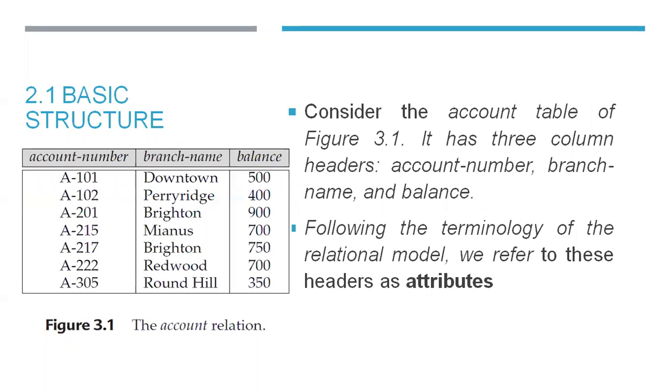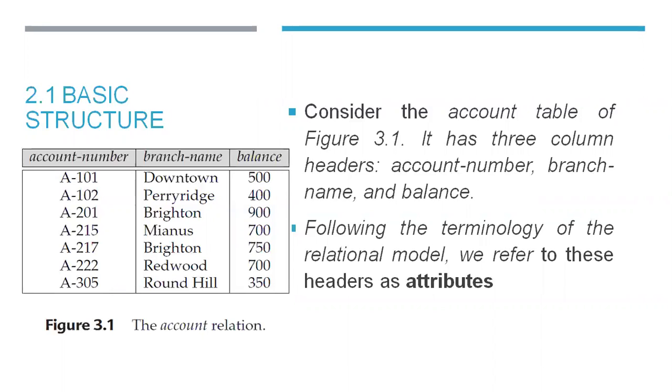So this is what the basic structure. You can see a table named as the account table, which consists of 3 columns as account number, branch name and balance. So account A101, A102, A201, branch name, downtown and balance 500. So this is the account table.